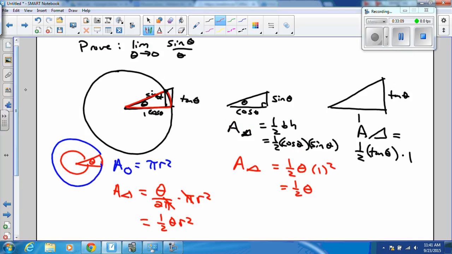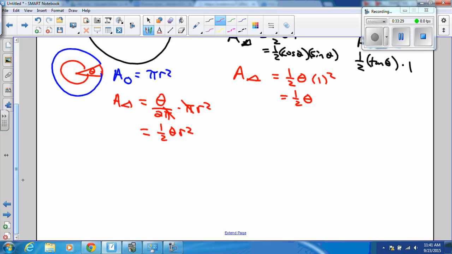If you look, it is intuitively obvious that the small triangle is always inside the sector, and the sector is always inside the big triangle. And that means that my areas here, here, and here are always strictly ordered. The small triangle is always less than or equal to the area of the sector, which is always less than or equal to the area of the big triangle.